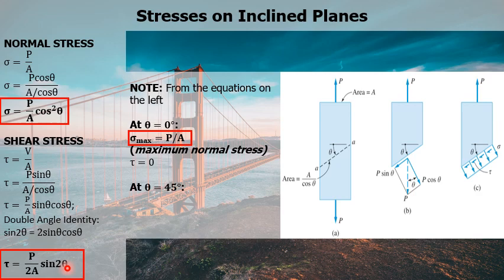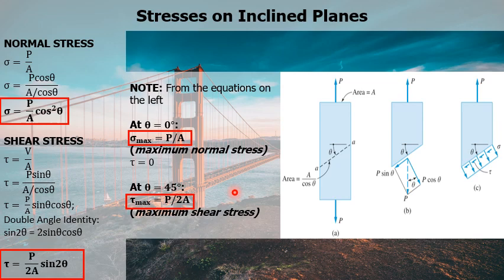Second, at theta equal to 45 degrees, we get tau max equal to P over 2A, or the maximum shear stress. When we substitute 45 degrees for theta, we get the maximum shear stress. Again, how did we get the angle 45 degrees?